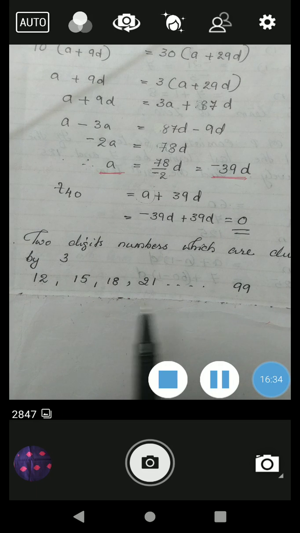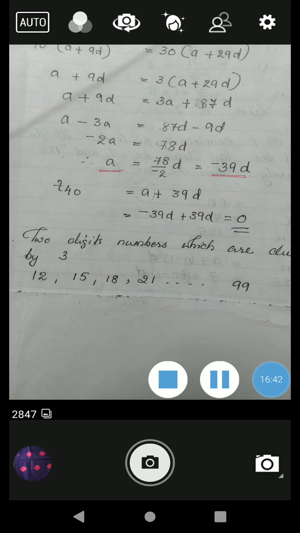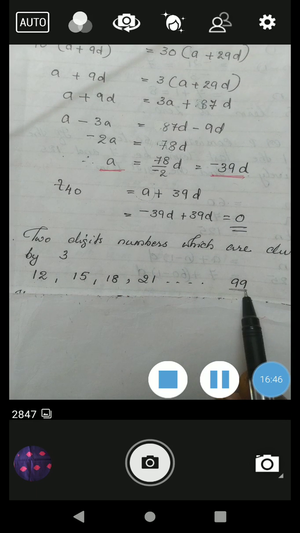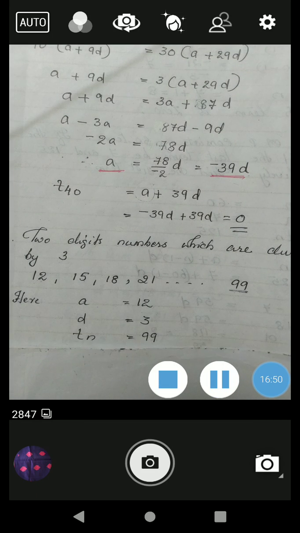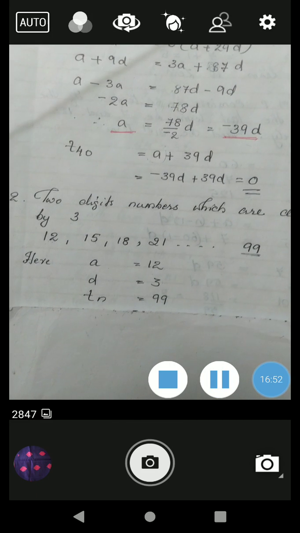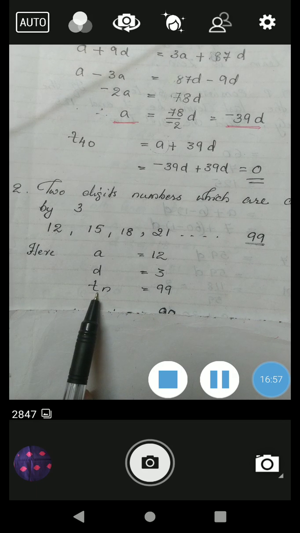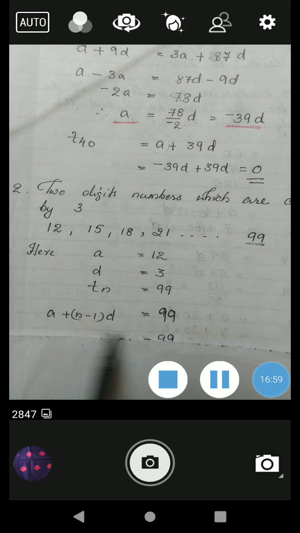Okay, A is equal to 12 and D is equal to 3. And the question is how many 2-digit numbers, that is n. We want to find n. Here we can assume the last term as 99. So Tn is equal to 99. Substitute the values. A plus n minus 1 into D is 99.